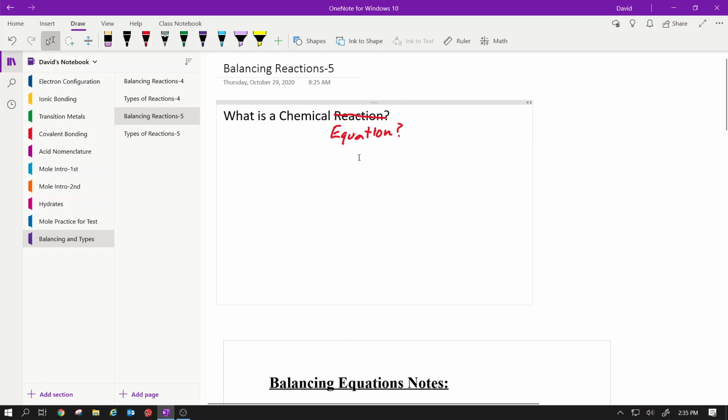What is a chemical equation? It is a summary of a chemical reaction.